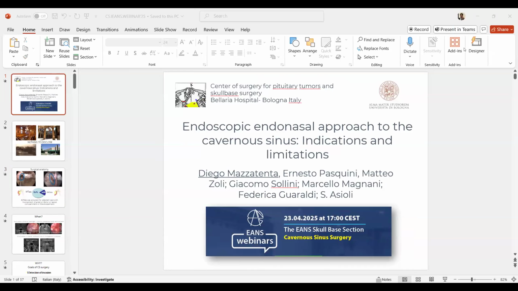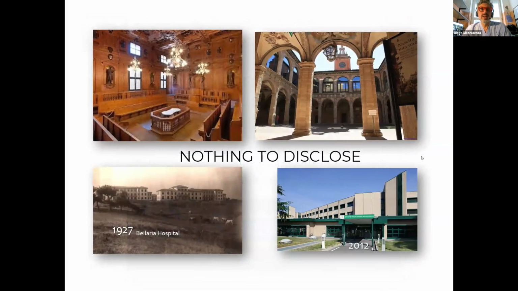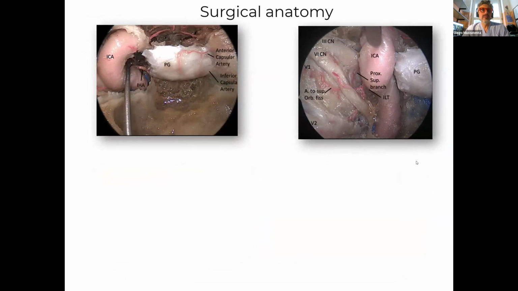Yes. Okay. After the previous colleagues and talks, for me, it's very easy to stress a very simple concept. We understand very well there are two main areas, the middle compartment of cavernous sinus and the lateral compartment. The middle compartment is located between the pituitary gland and the ICA.